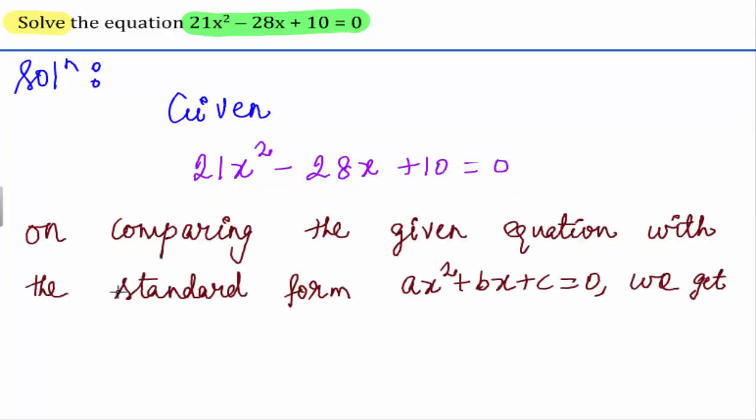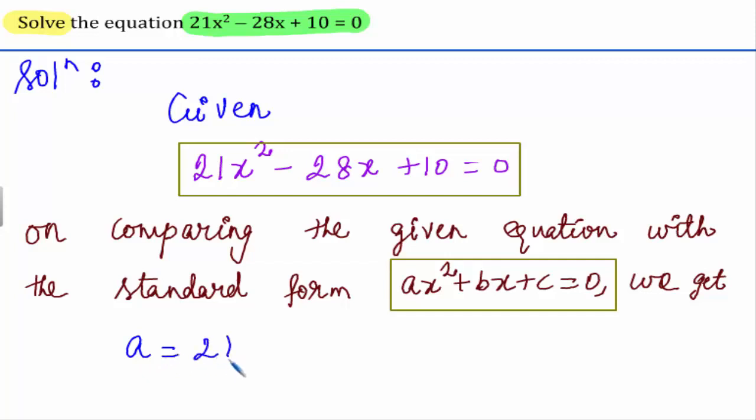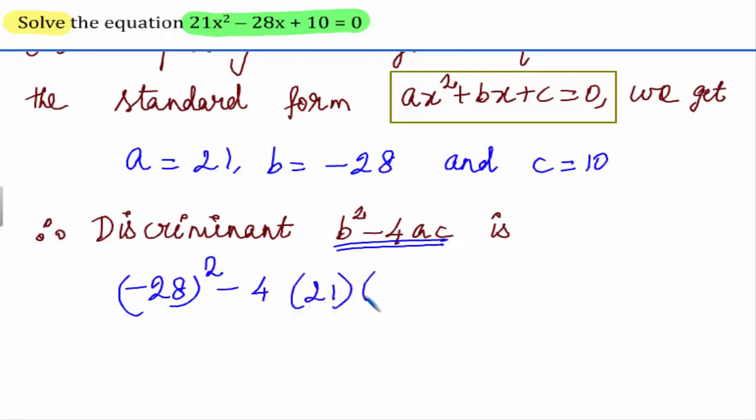Now, on comparing the given equation with the standard form, we get a is equal to 21, b is equal to minus 28 and c is equal to 10. Therefore, the discriminant b square minus 4ac is minus 28 whole square minus 4 multiplied by 21 multiplied by 10.